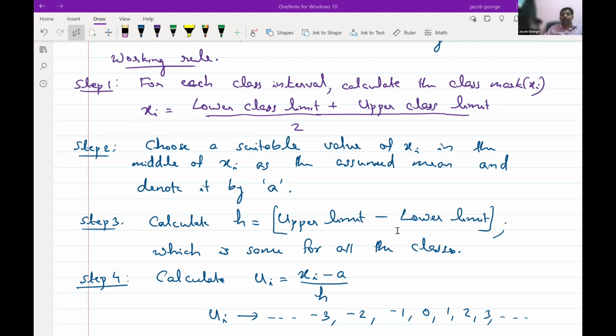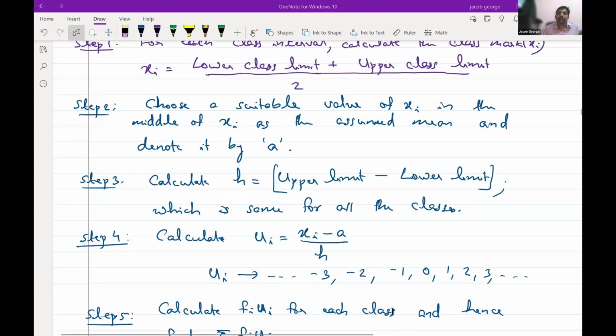Then we get ui in a pattern. The ui formula is like this: xi minus a by h. So ui is xi minus a by h. But ui will be in this pattern.